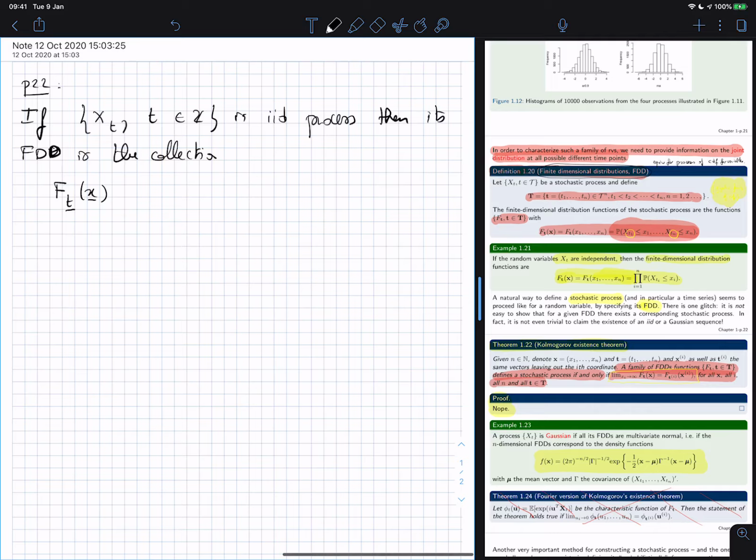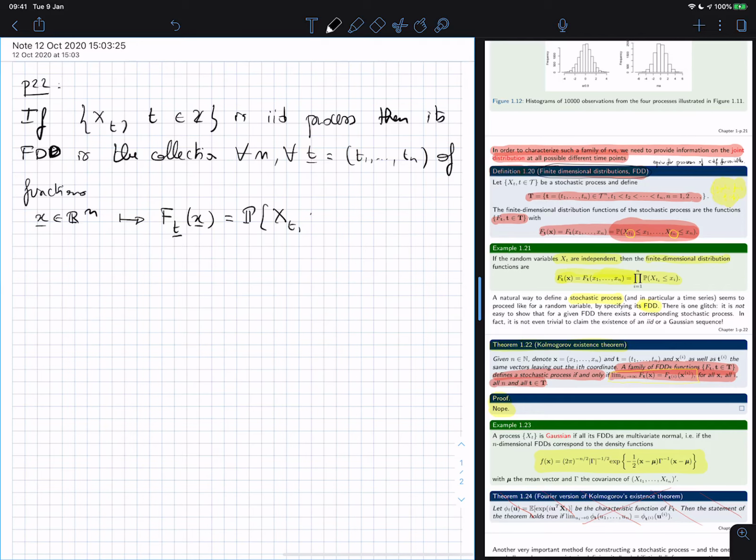I put a bar here and a bar there to indicate that t is the collection t1 to tn. So it's for all n, for all t, of functions which send x in R^n onto F_t of x, which is this. That's just a definition of an FDD.